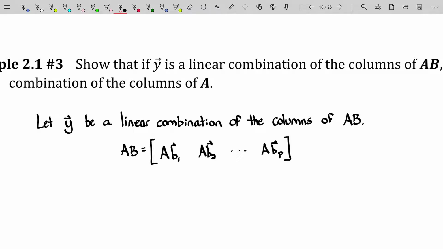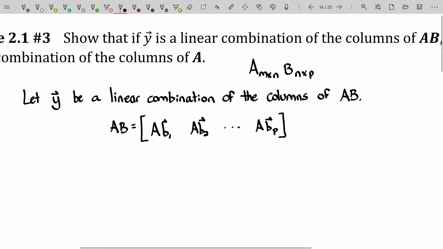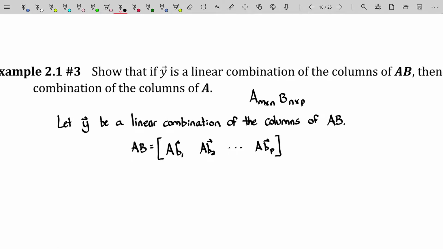are the matrix A times the corresponding columns of the matrix B. And here I'm assuming that A is m by n and B is n by p. It wasn't explicitly stated, but since they did say that y, the vector, is a linear combination of the columns of A times B, that just basically means that the product AB is defined.